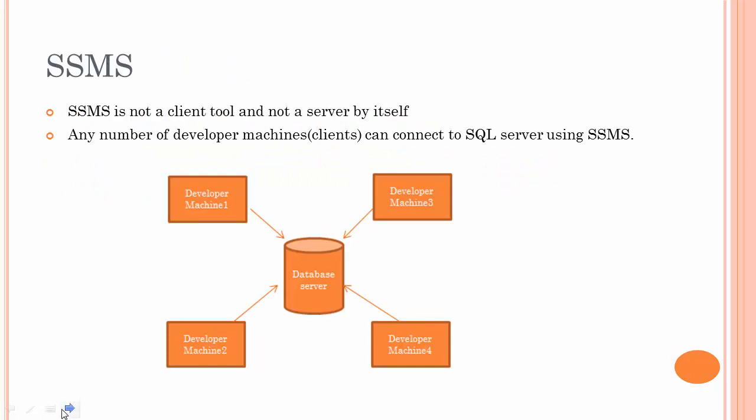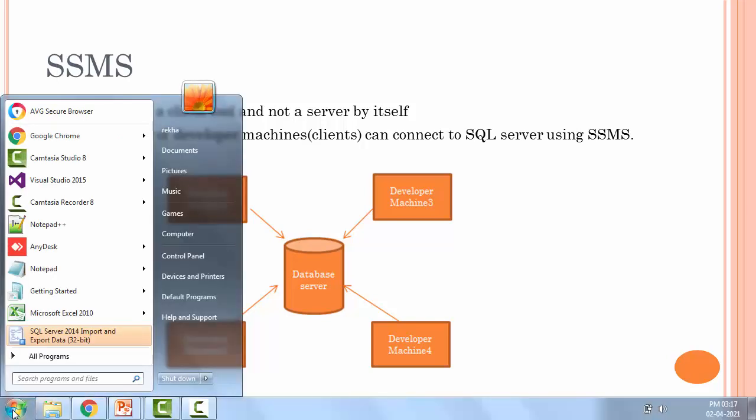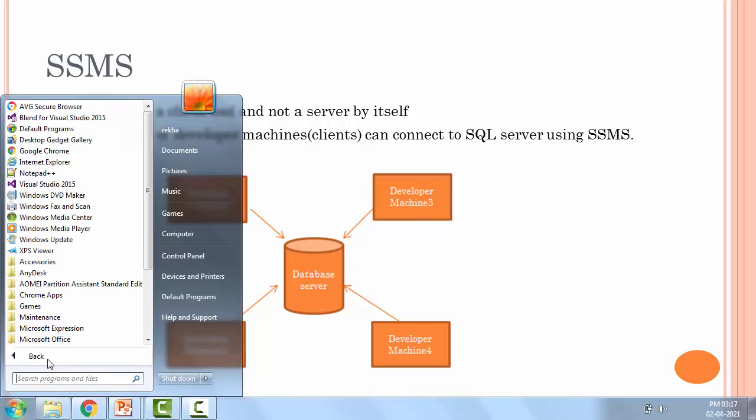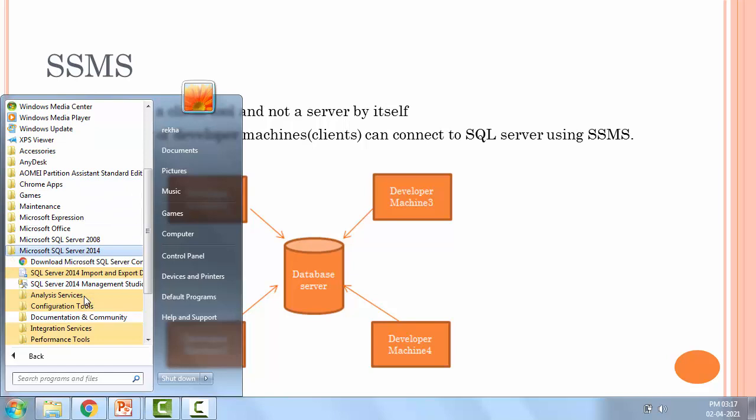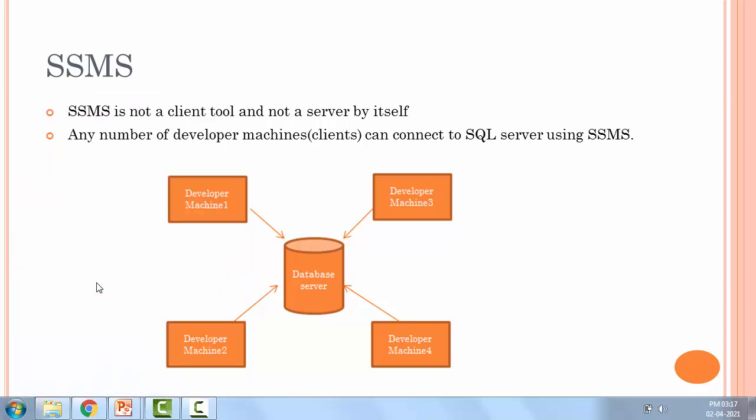Any number of developer machines can connect to SQL Server using SSMS. Let's see where SQL Server Management Studio is installed in our system. When you click on the Windows button, click on All Programs, and here you will find SQL Server 2014, and here SQL Server 2014 Management Studio.